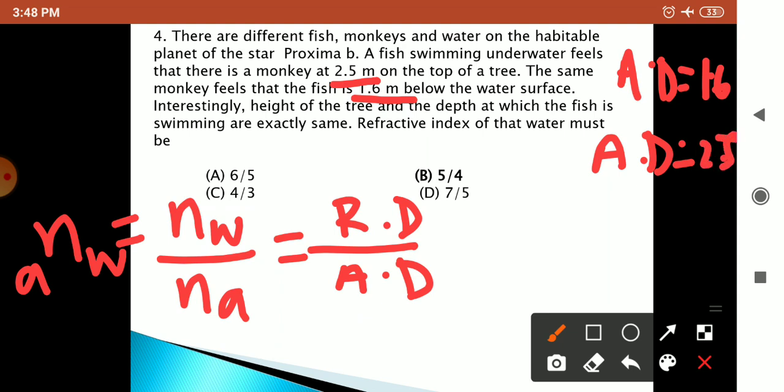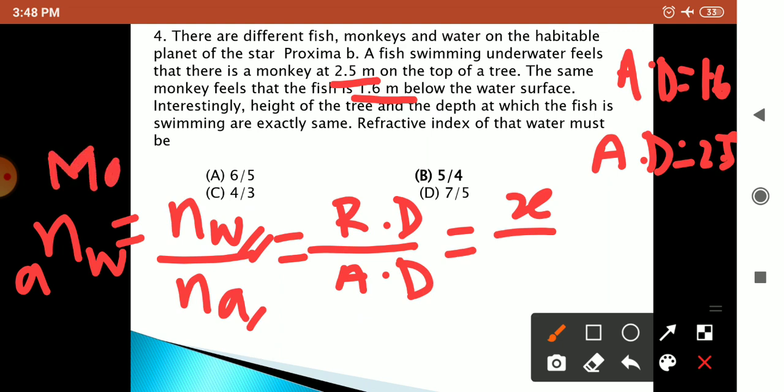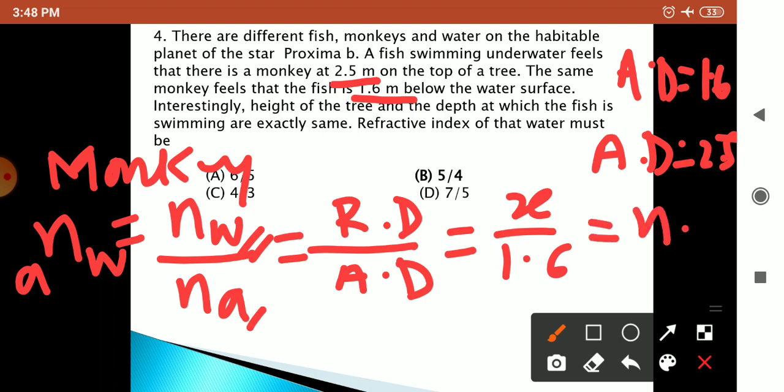Here we have to find NW, the refractive index of water. The refractive index of air we know, that is 1. Suppose the real depth is x, and the apparent depth for the monkey is 1.6 meter. So x upon 1.6 is equal to NW, where NA we can consider as 1.